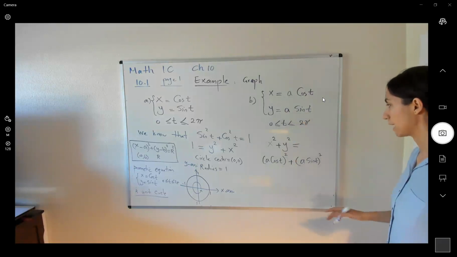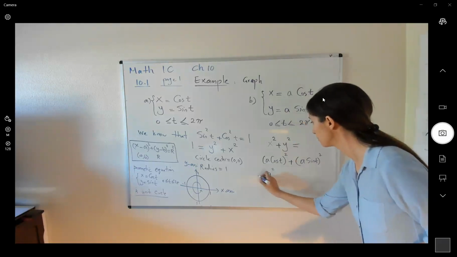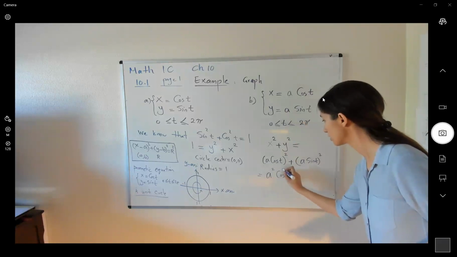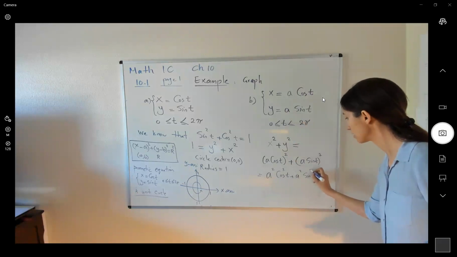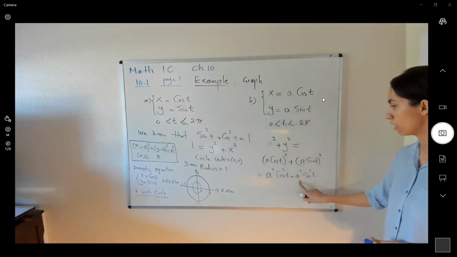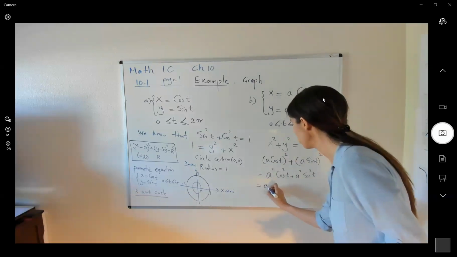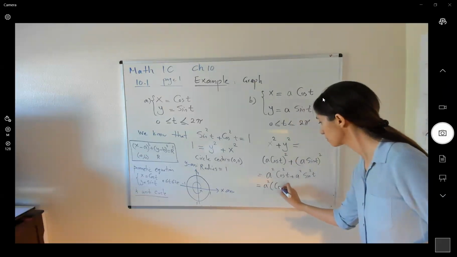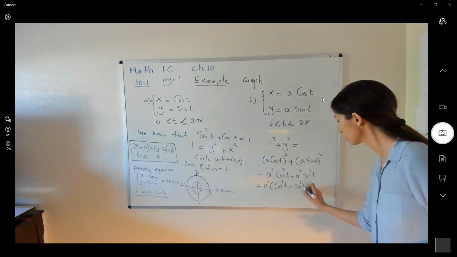And I know that this side is equal to a squared cosine squared plus a squared sine squared. There you go. Here I can factor out a squared, so I get a squared times parentheses cosine squared plus sine squared.